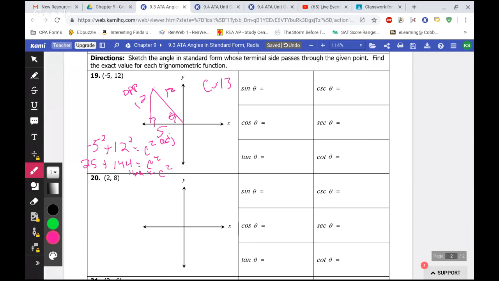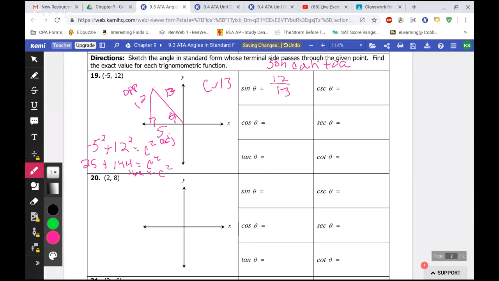So now really all we have to do is SOHCAHTOA. Remember, so good old SOHCAHTOA. So now that we have all of our measures, we can just fill in what we know. So sine is opposite over hypotenuse, which is going to be 12 over 13, right?